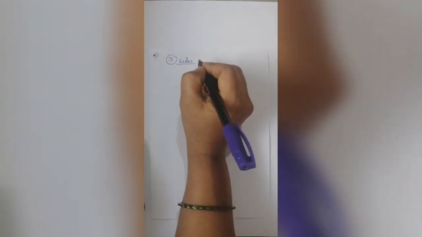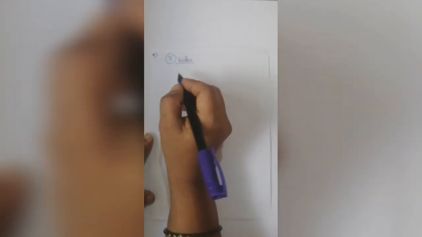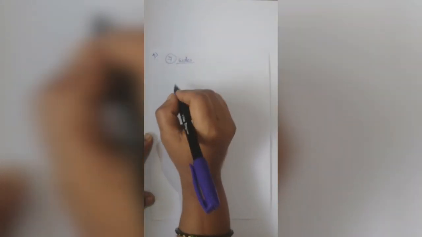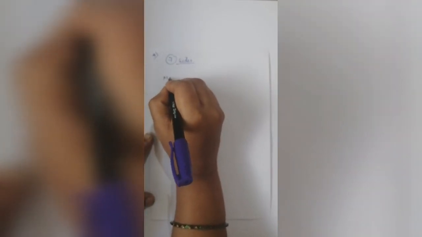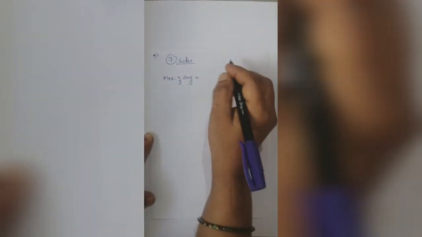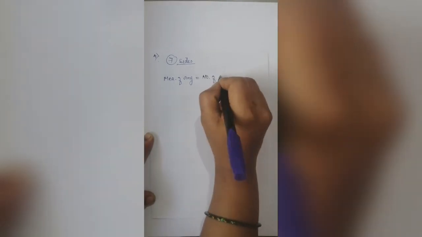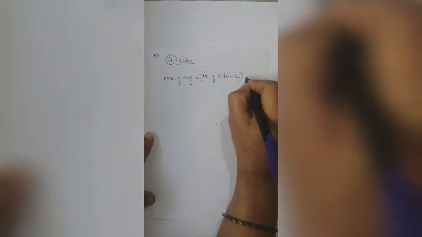In a given polygon, if the number of sides is 7, how will you find the sum of the measure of the angles? A simple formula: sum of the angles is equal to the number of sides minus 2, multiplied by 180.